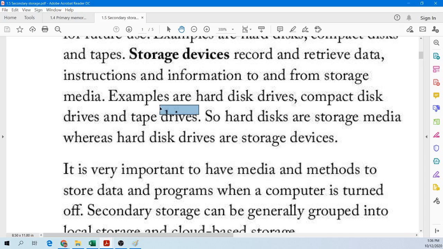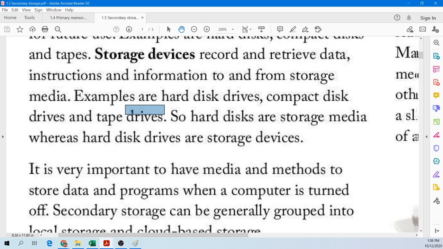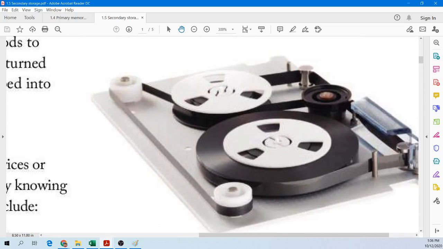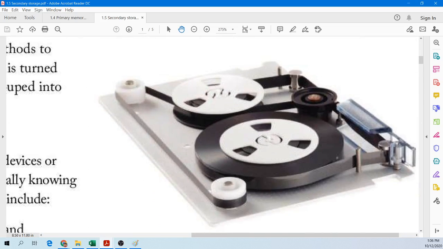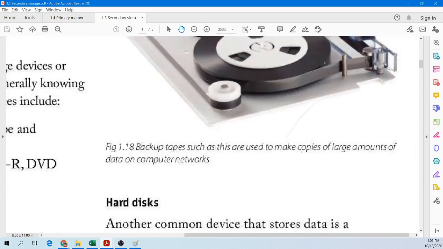These drives are the devices that store the data, write the data onto the storage media. So anytime you see hard disk drive, compact disk drive, anything ending with drive, that would refer to a storage device. And the actual thing that keeps the data is the storage media.